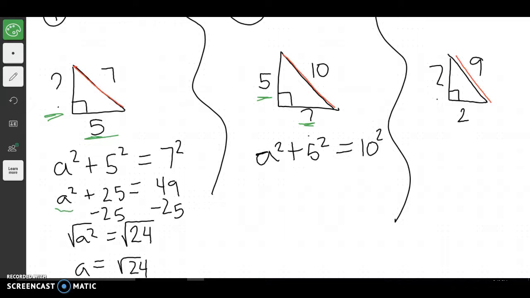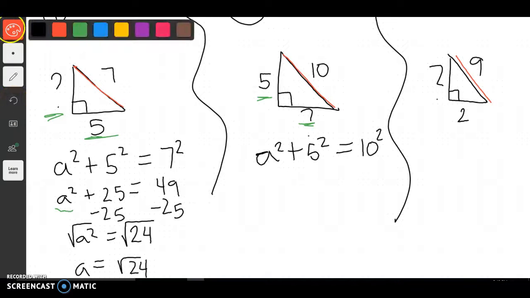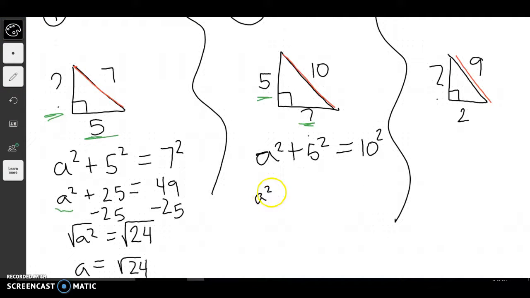So I like to always make a squared my variable instead of having a b squared in there. But you can make either one. And so what I'm going to do here is evaluate all the things. So when we evaluate everything, we should get that a squared plus 25 is equal to 100.